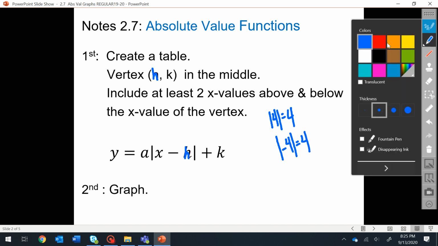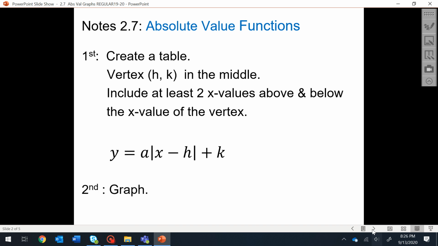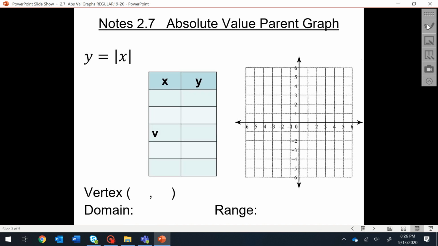And the y coordinate of the vertex, which we represent with the letter k, will be on the outside of the absolute value. It will be the constant being added to it. So let's see how this actually plays out when we try to graph it.